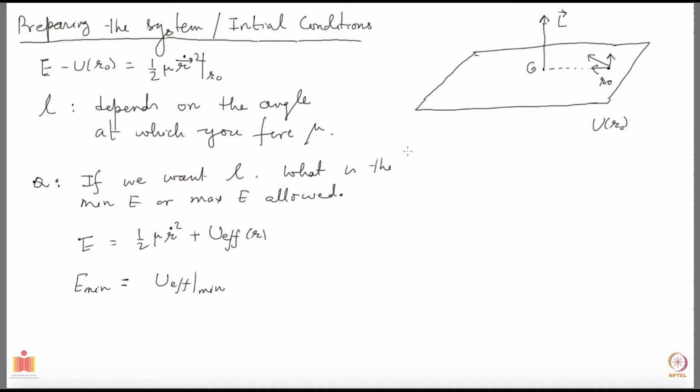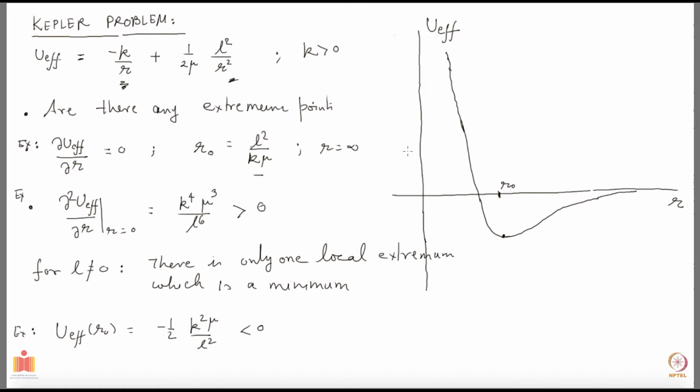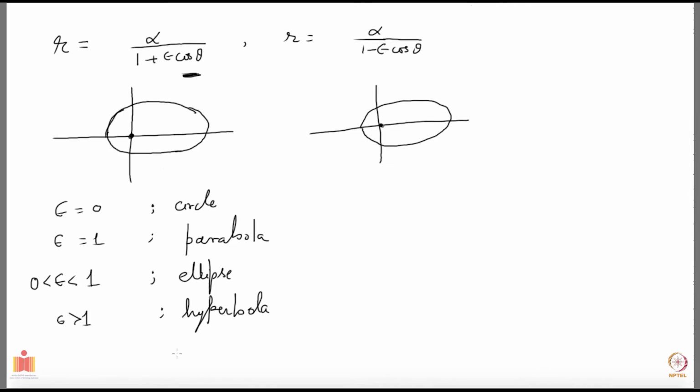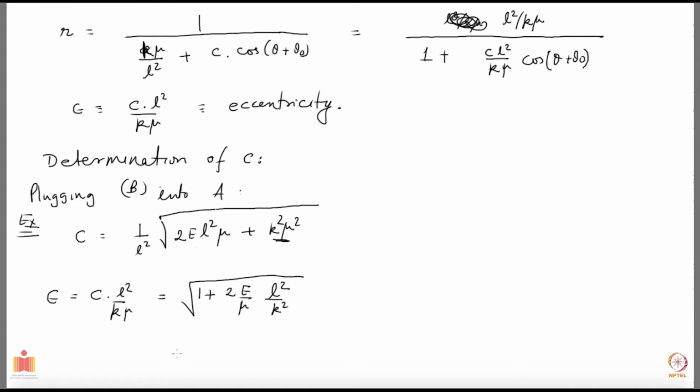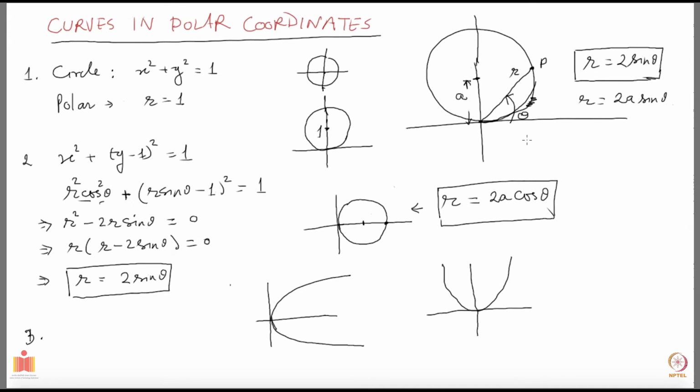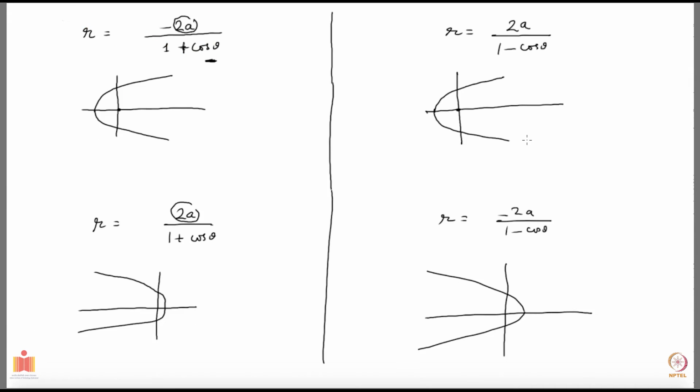E minimum is your U effective minimum, and we found U effective minimum here: minus half K square mu over L square. So we had found that E minimum is minus half K square mu over L square. That's correct.